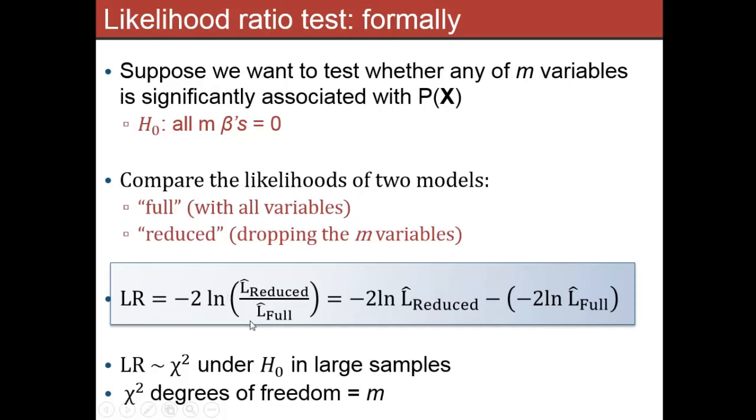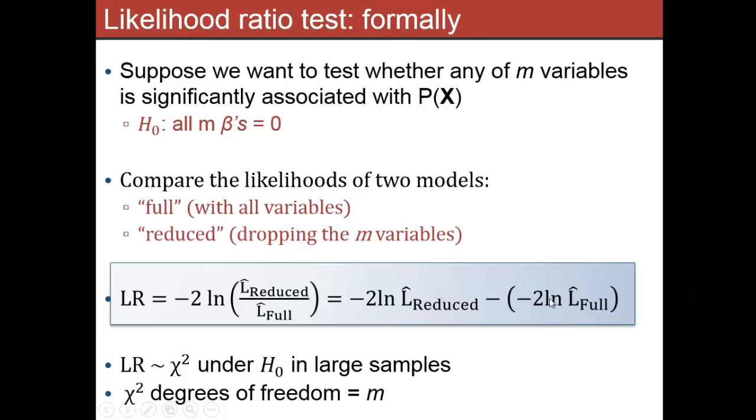You made this ratio. And here, it's -2 times the log of the likelihood of the reduced over the likelihood of the full model, which you can rewrite because of the way logs and fractions work. You can say -2 times the log of the reduced minus -2 times the log of the full model. So you can write this in either format.